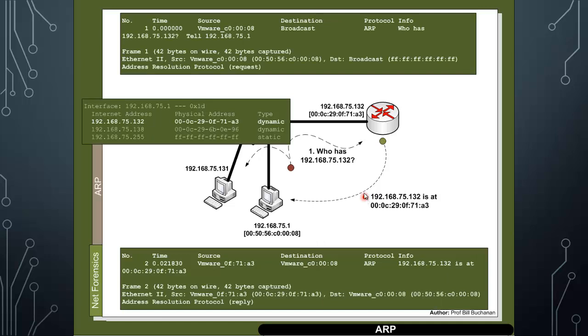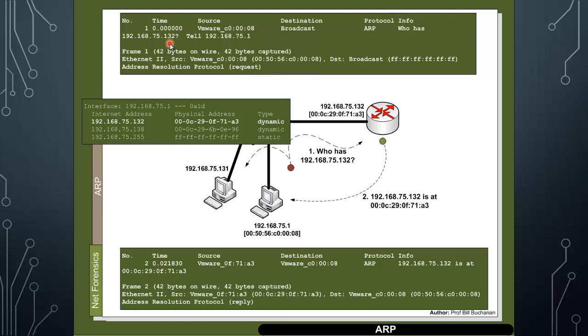And what we'll do is we'll have a little look at what a trace looks like. So in this case, this machine sends out a broadcast, that's all F's as we see here, and we put our own MAC address in here, and it's an ARP request.